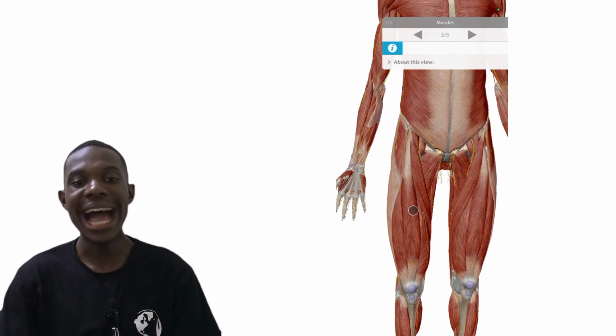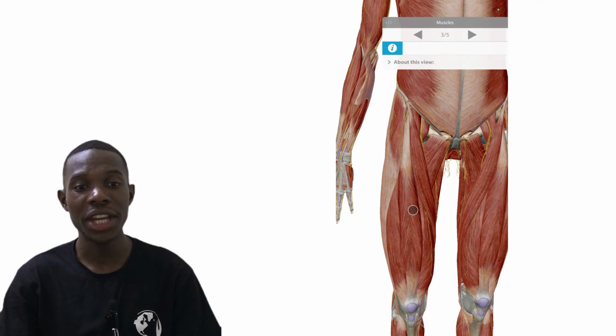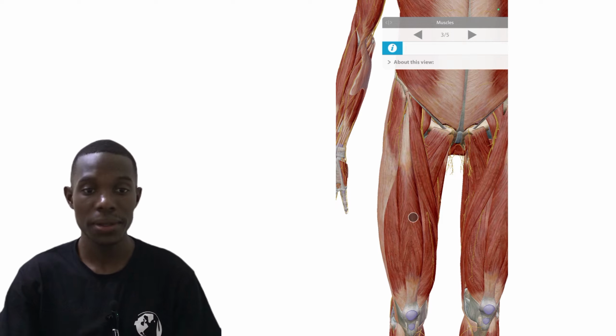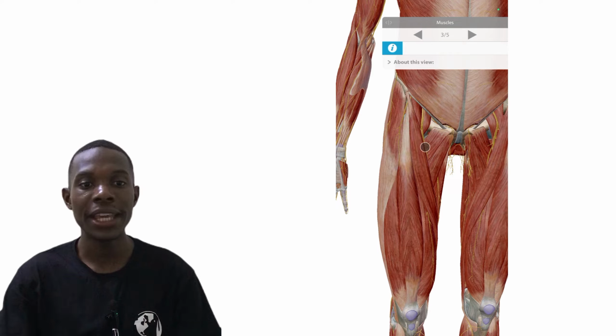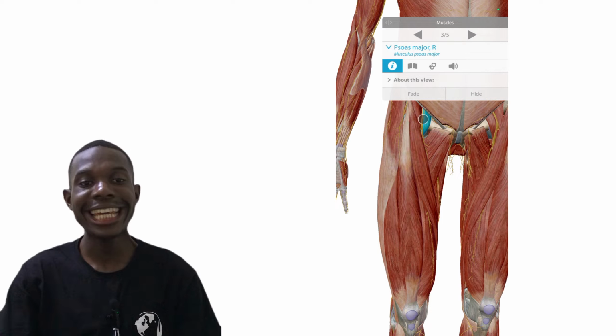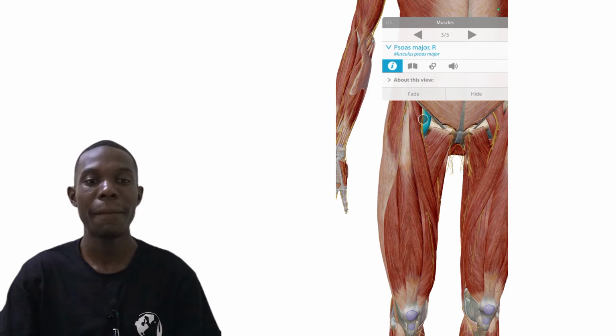So now let us get deep into the anterior compartment. As you can see as I am zooming right there, it is made up of the following muscles. It is made up of the iliopsoas muscle, right? We understand that the iliopsoas is made up of the psoas major and the iliacus muscle.